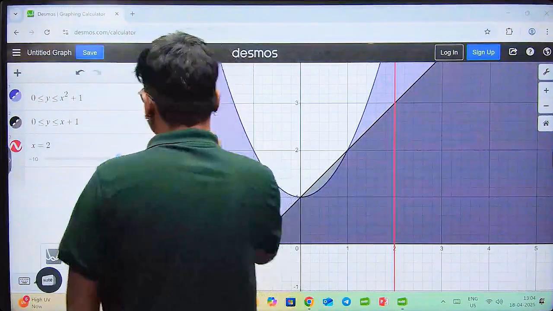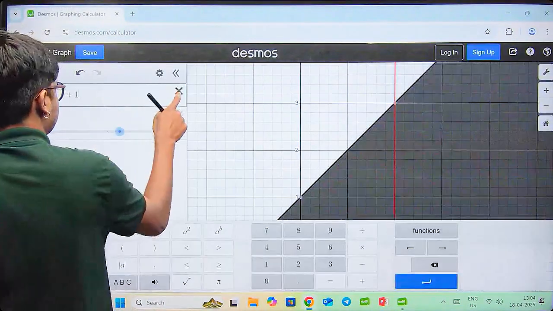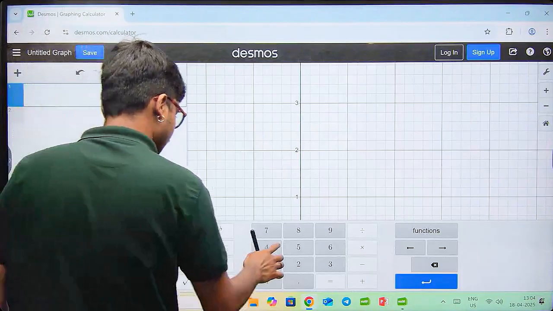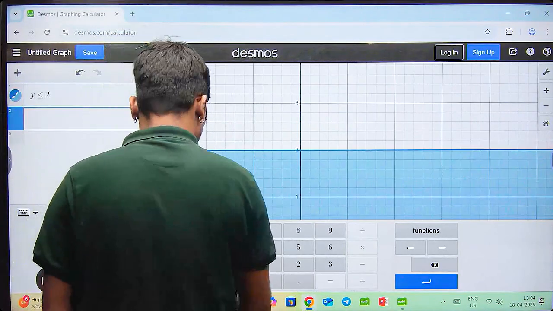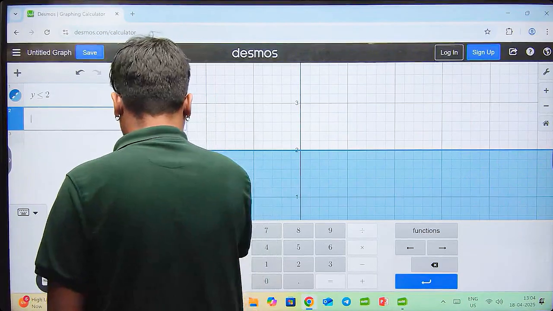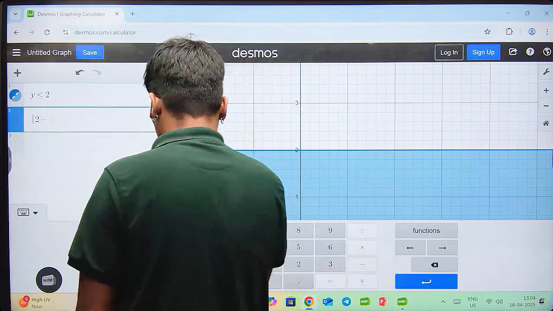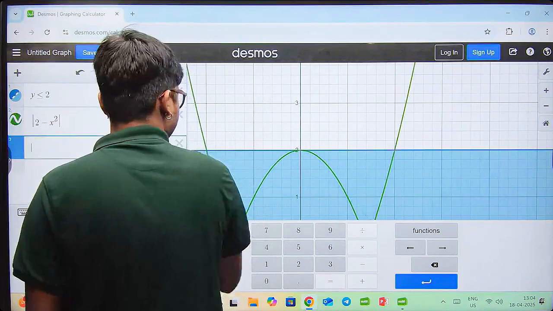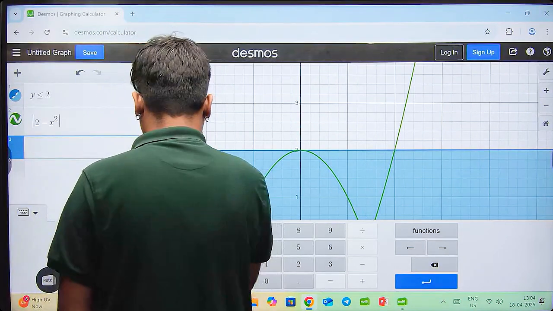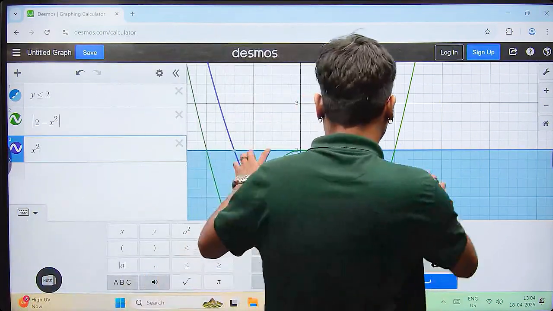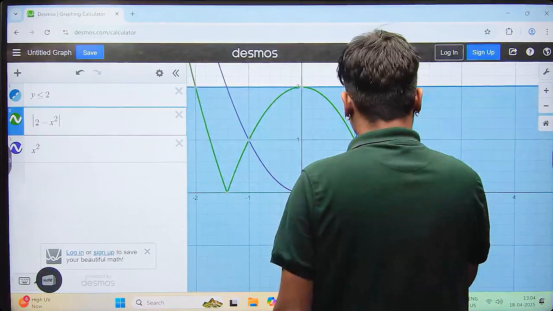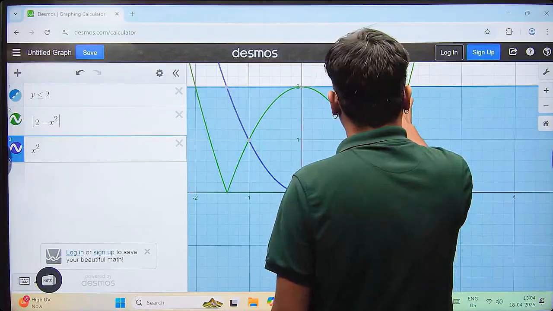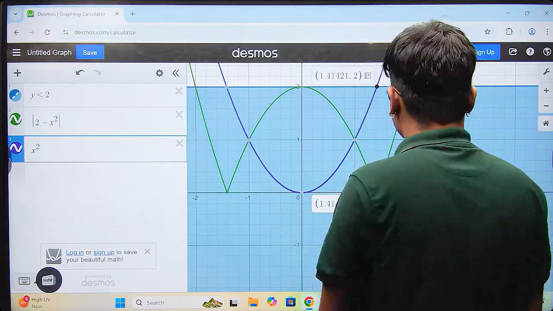Again, I need Desmos for this. So, mod of 2 minus x square and y equal to just x square. Right, this is the graph. This is root 2.